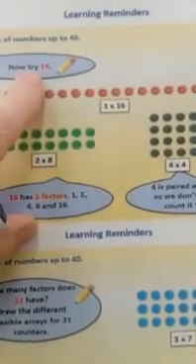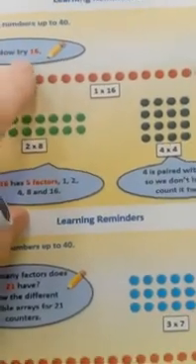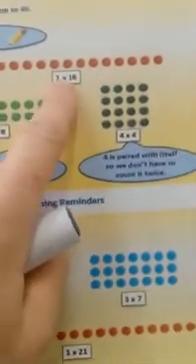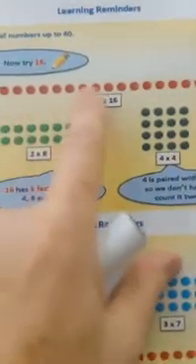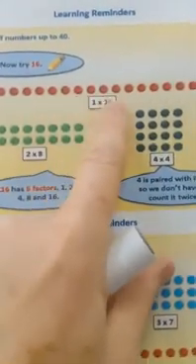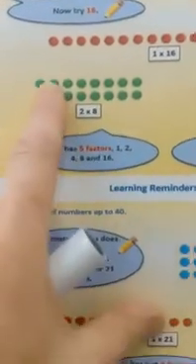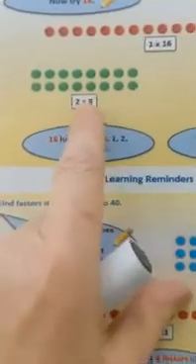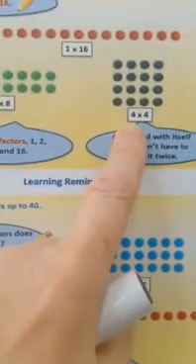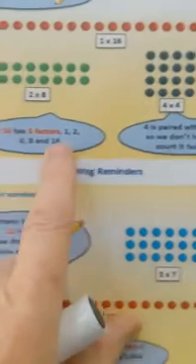So we've got a learning reminder here. Factors of numbers up to 40. We try 16. 1 times 16, so this is one array, one row of 16. Then 2 times 8, 2 rows of 8. 2 times 8 makes 16. 4 times 4, 4 lots of 4. 4 times 4 is 16.